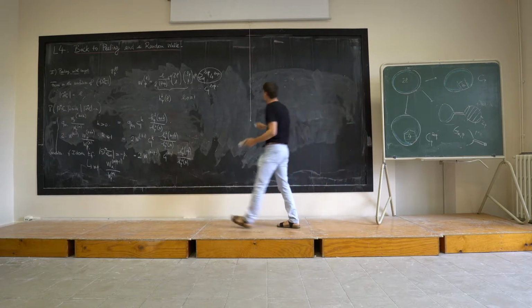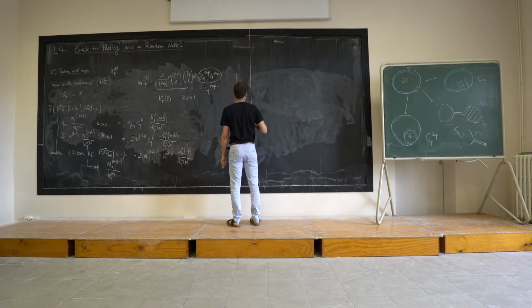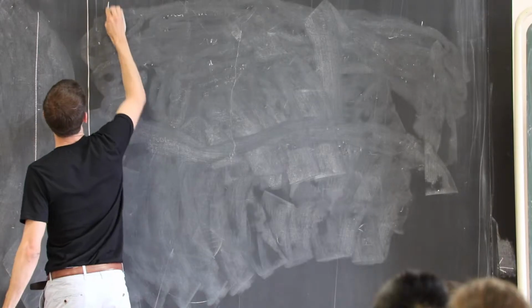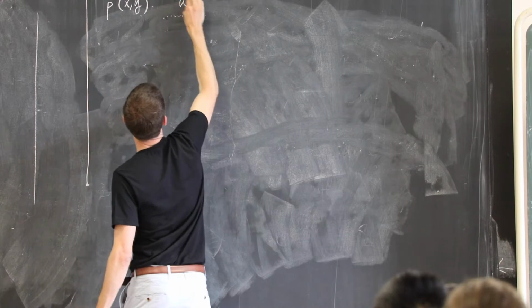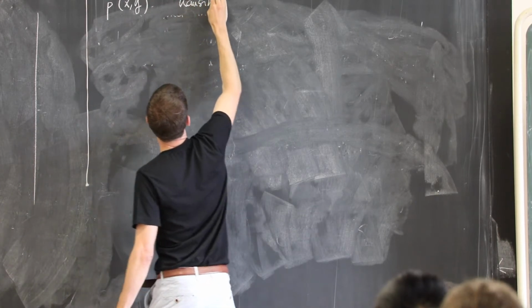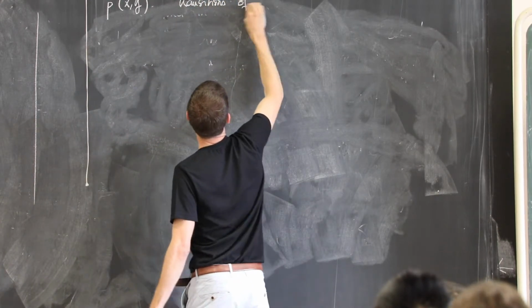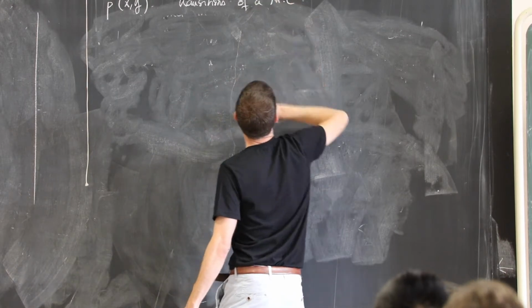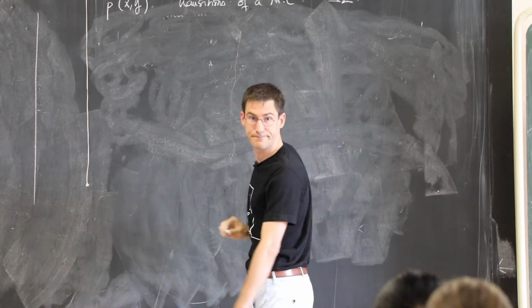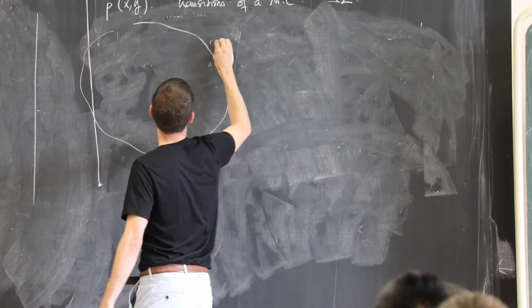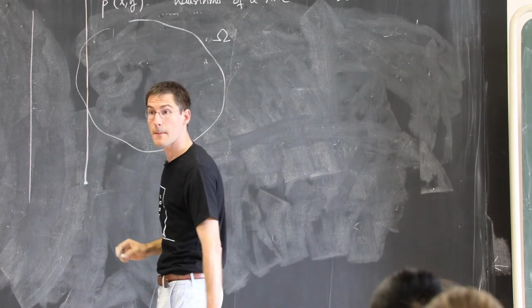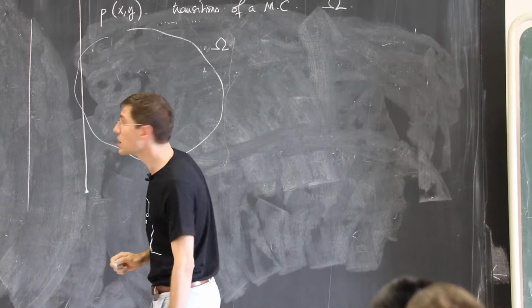Okay, so what is the basic about H transform of Markov chain? So assume you've got a Markov chain, transition functions here, that's transitions of a Markov chain, on a state space omega. Okay, that's your state space omega. Yeah, discrete.